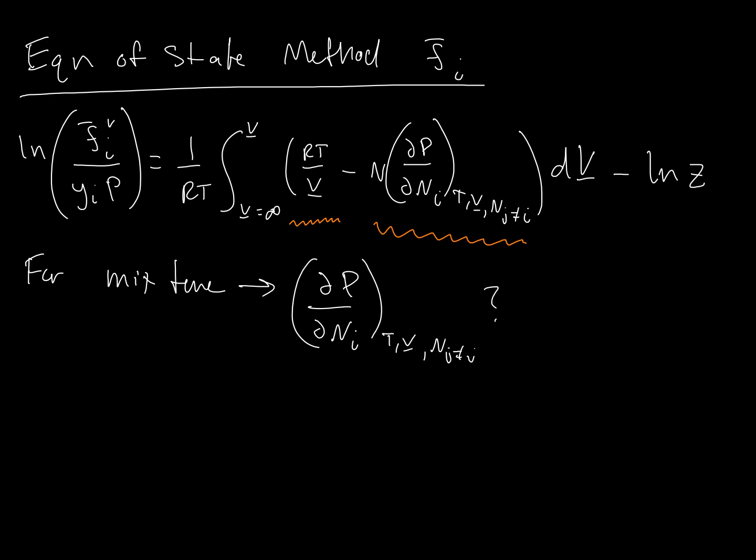We need to know not only how a pure fluid behaves, but how a mixture of gas molecules behaves, and whether we can manipulate our equation of state to somehow interject information on whether there are more moles of N1 or N2 or N3 or N4. So we need to restructure the equation of state in a form that has some dependence on the composition of the system, because everything that we've done so far has no dependence on the composition of the system.